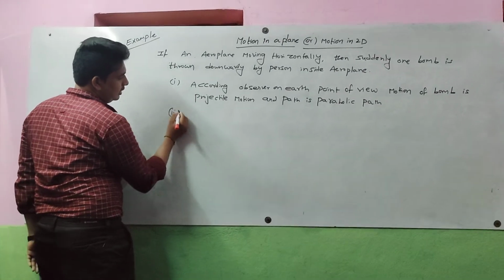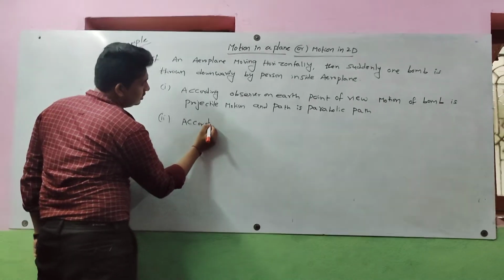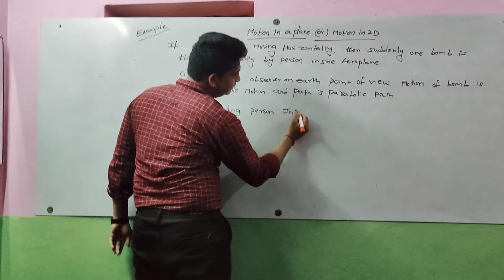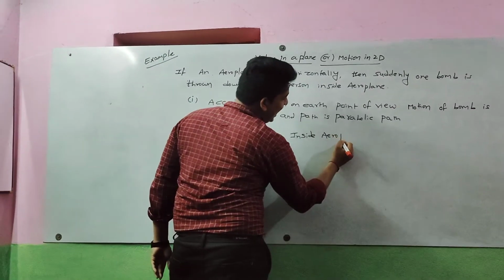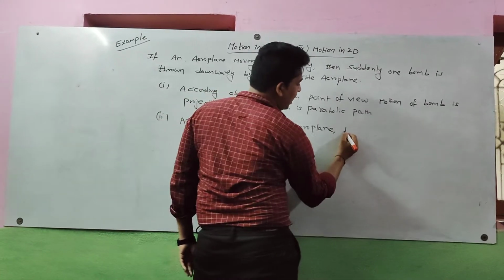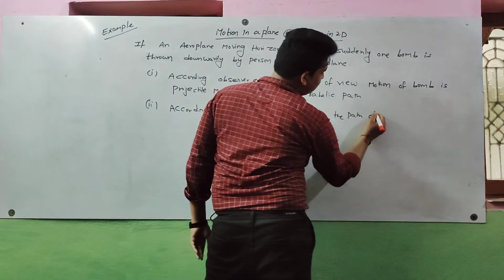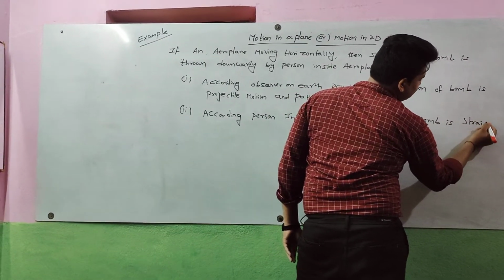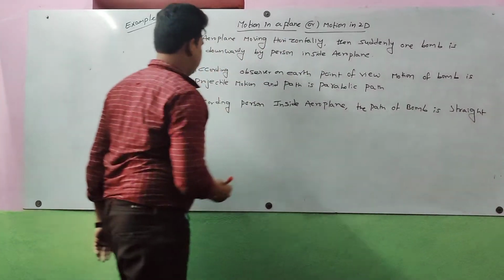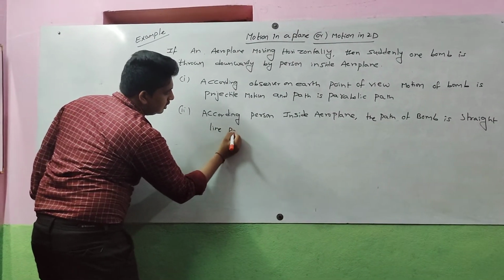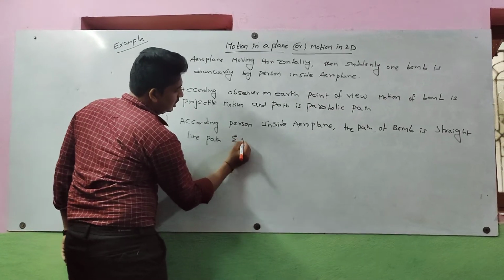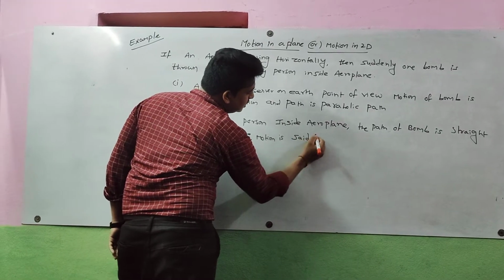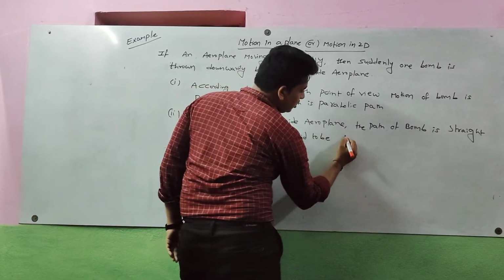Next, according to the person inside the aeroplane, the path of the bomb is a straight line path, and the motion is said to be motion in one dimension.